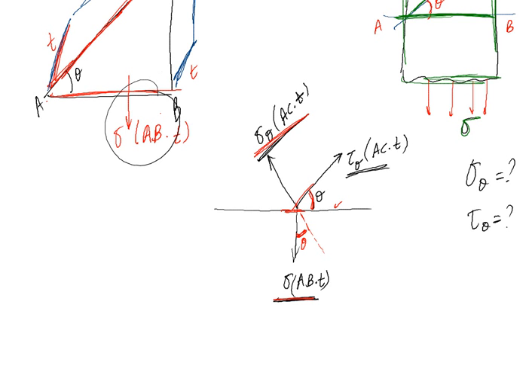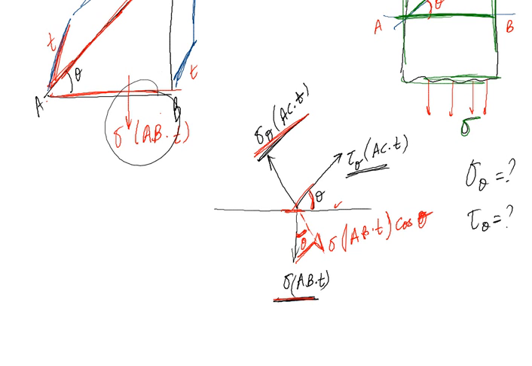If I resolve this along this line, this would give me sigma AB into T cos of theta.